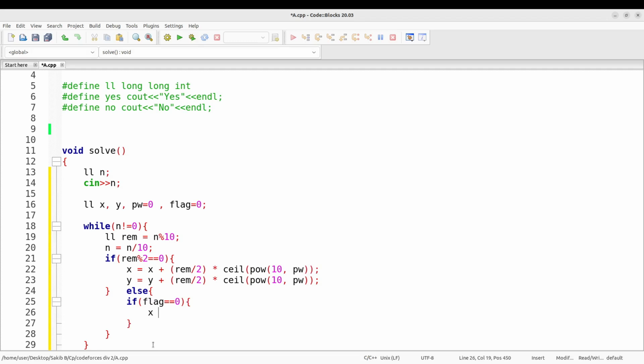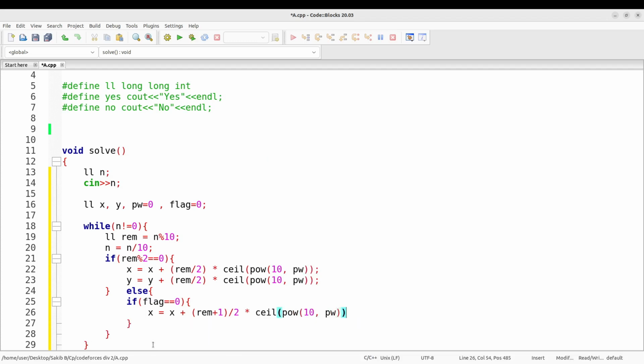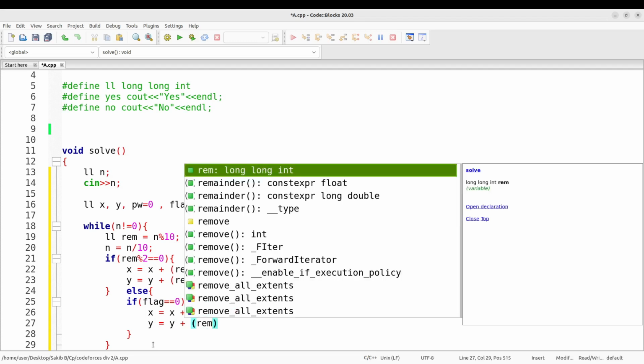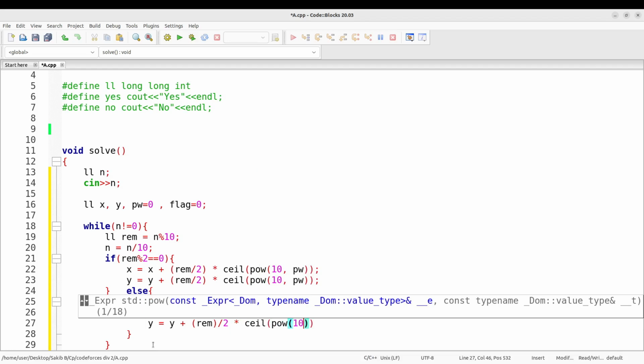For x we use digit plus 1 divided by 2, that means rem plus 1 divided by 2, into the power of 10, and y will be y plus rem divided by 2 into the power, similar to the previous one.